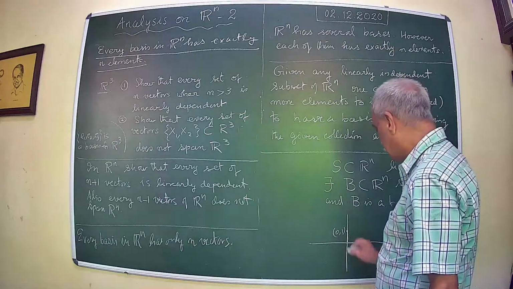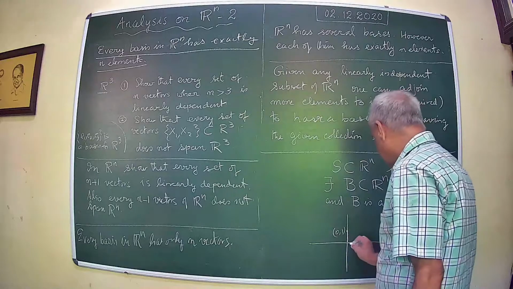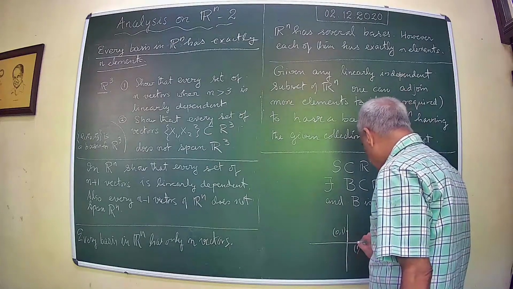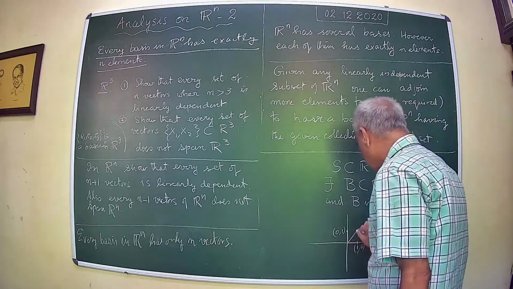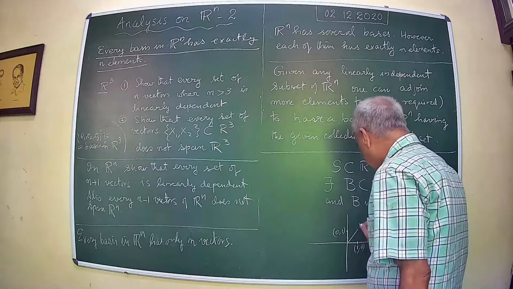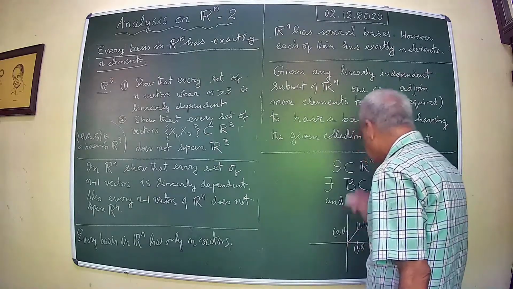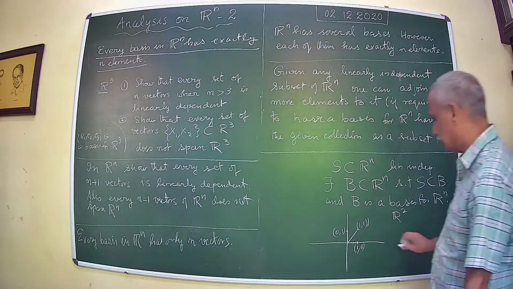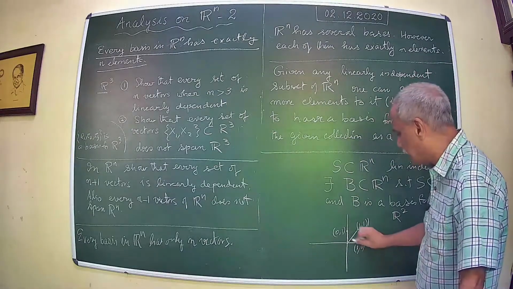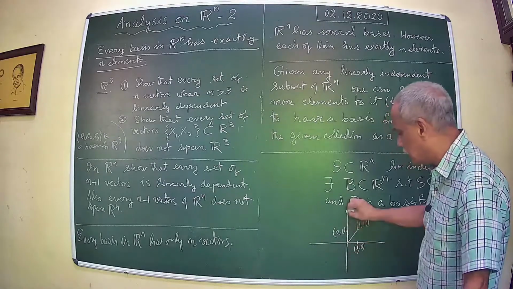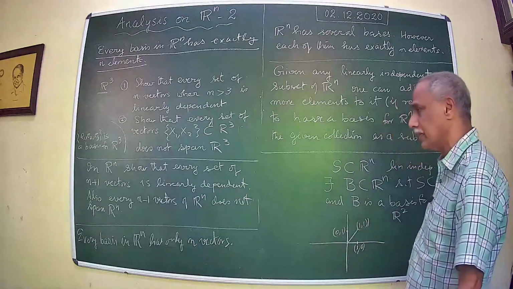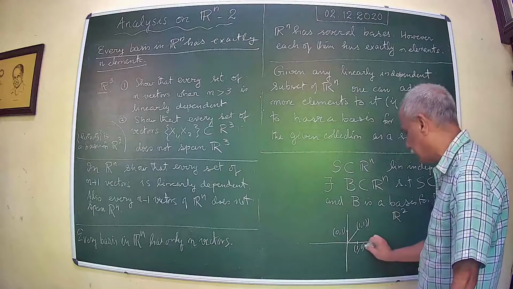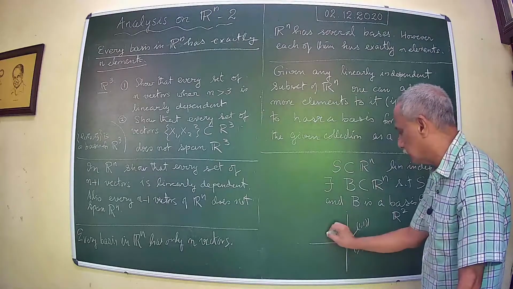Now, so also the vector 1 0 with the vector 1 1 is also a basis. What you are doing is, initially when you use 1 0 and 0 1, you are choosing a coordinate system which is a conventional coordinate system. This is your E1, this is your E2.